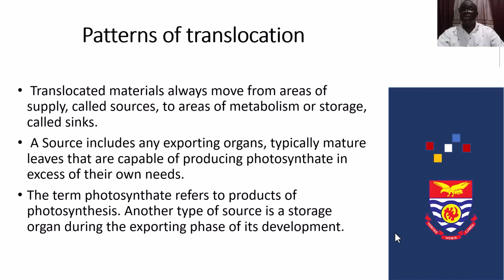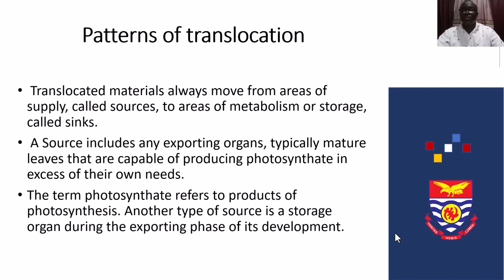Patterns of translocation. Translocated materials always move from areas of supply, called sources, to areas of metabolism or storage, called sinks. A source includes any exporting organs, typically mature leaves that are capable of producing photosynthate in excess of their own needs. The term photosynthate refers to products of photosynthesis.